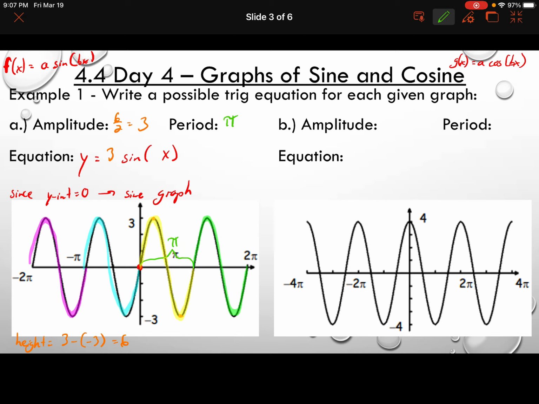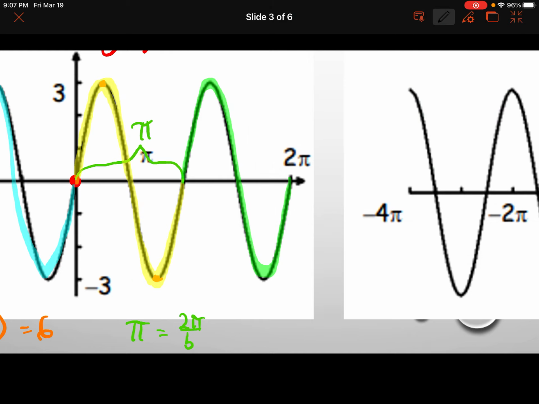Our period this time is pi, so I'm going to set that equal to the formula. So pi is equal to 2 pi divided by b. We're going to solve this equation by multiplying both sides by b.